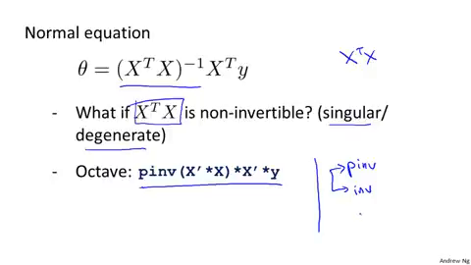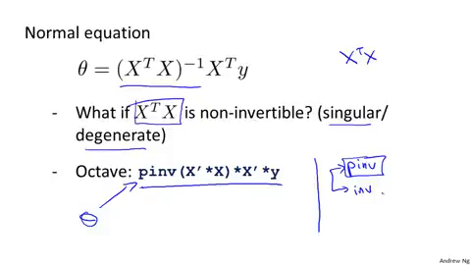But you can show mathematically that so long as you use the pinv function, this will compute the value of theta that you want, even if X transpose X is non-invertible. The specific differences between pinv and inv are advanced numerical computing concepts that I don't want to get into.